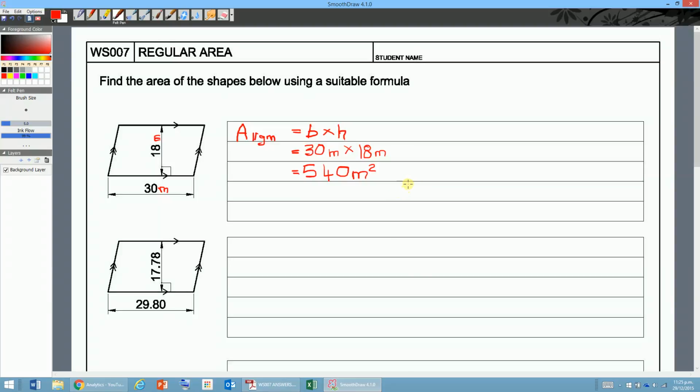Now in this case here, I haven't shown the accuracy of that. With the calculation and what have you there, it's quite clear what it is.